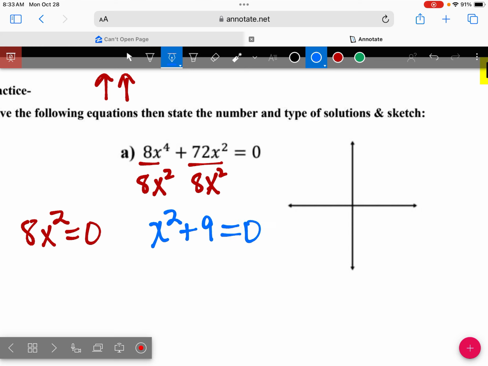Go ahead and solve them both. The blue factor is going to be imaginary because you have to take the square root of -9. And all 3 of these sketches should look the same for these last 3 problems. It's going to bounce off the 0 and then do a squiggle some other place.